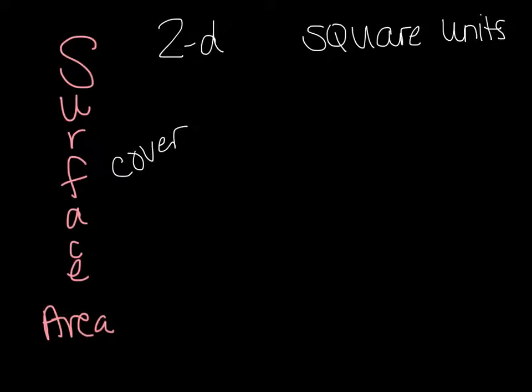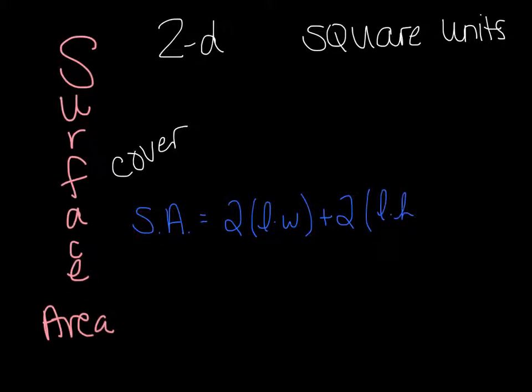So if you haven't already written it down or you need a refresher, we talked about surface area equaling 2 multiplied by the length and width, which is your top and bottom, plus 2 times the length and height, which would be your front and back, and then 2 multiplied by your width and height, which would give you your left and right sides.